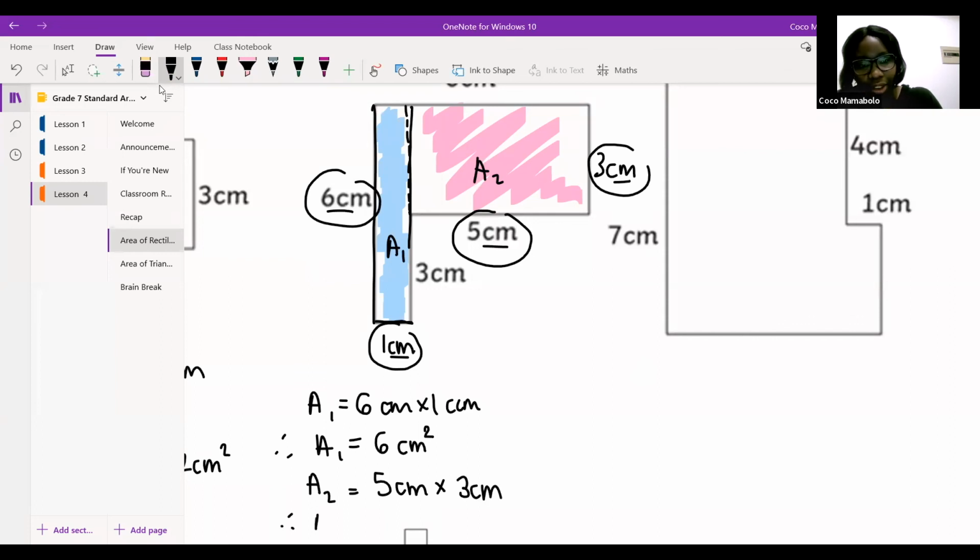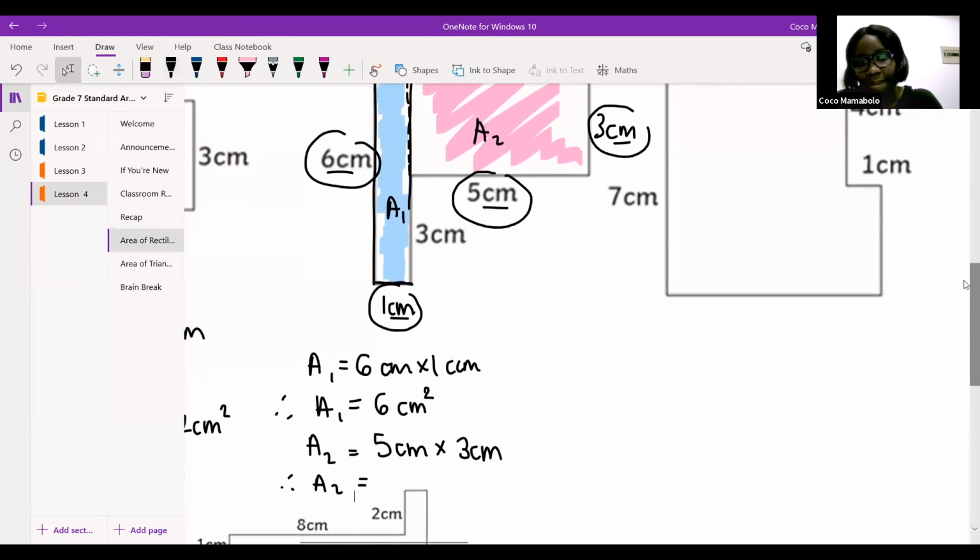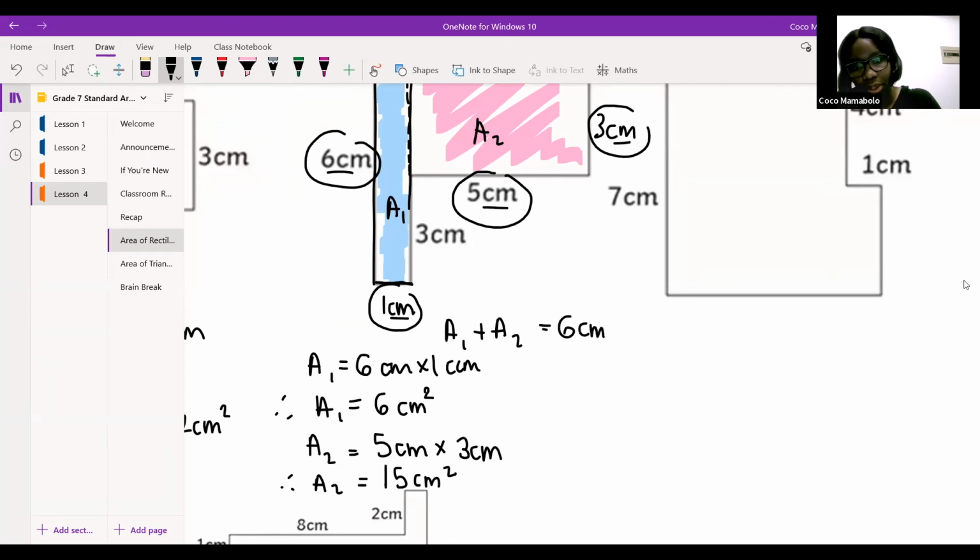Okay, therefore, area 2 is equal to 15 centimeters squared. Excellent. And then how do I find the area of everything? What do I need to do? Ma'am, you need to add them together. Good. So area 1 plus area 2 is equal to 6 centimeters squared plus, finish it for me. Plus 15 centimeters squared.